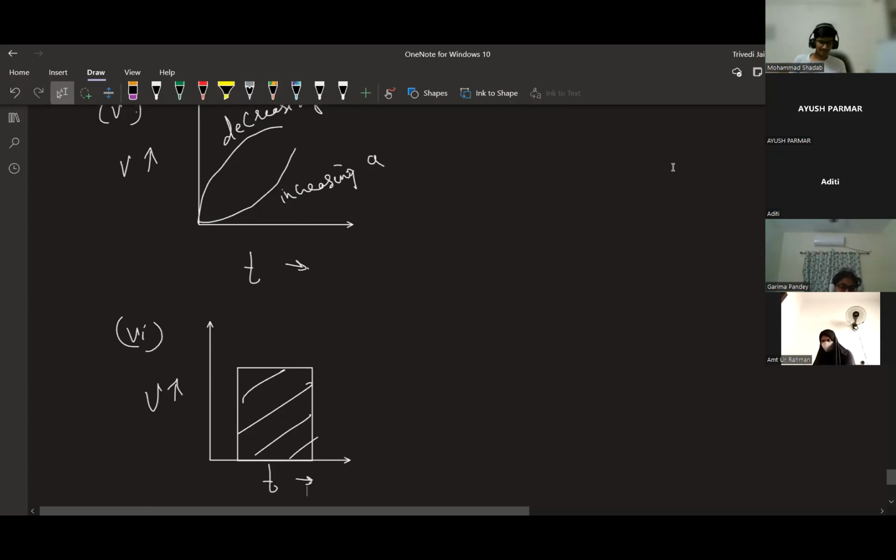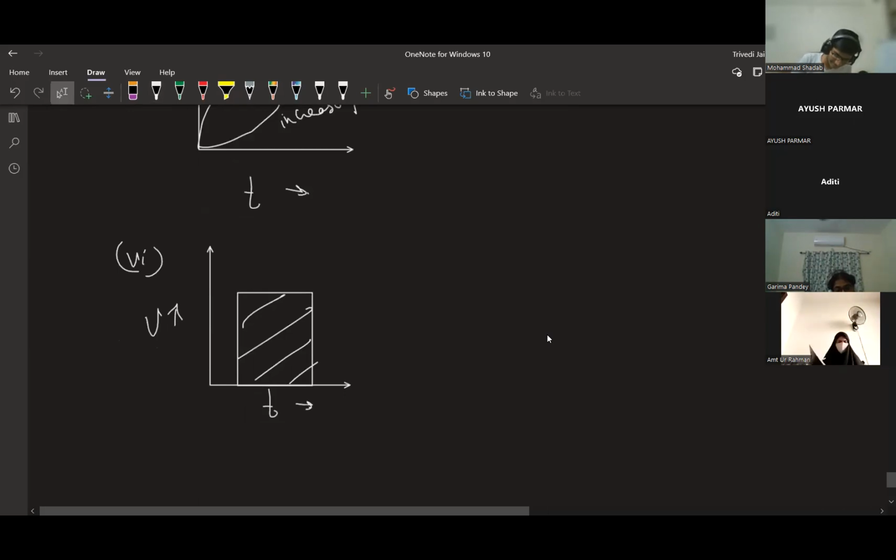Acceleration, but why is it showing displacement? Sir, for area under the graph, basically you have to multiply both the axes. Velocity would be displacement by time, multiplied by time. Time gets cancelled and you get displacement. Correct. So it gives displacement.